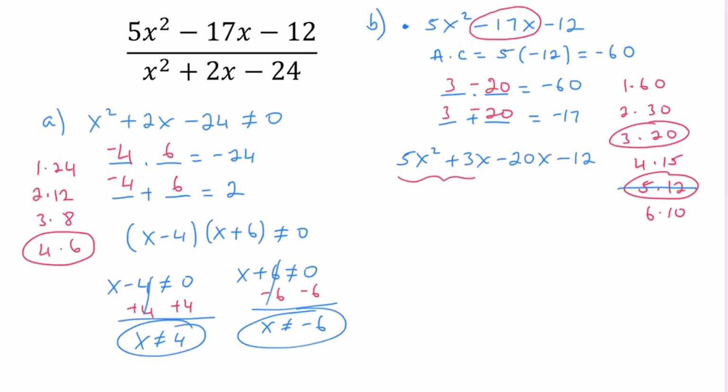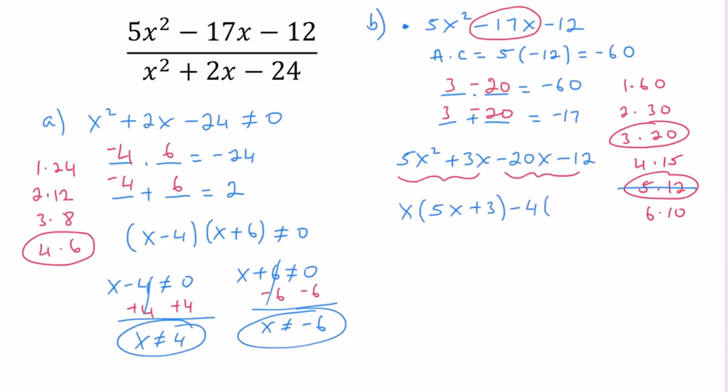Factor by grouping, so group 2 by 2. The first group, pull out the GCF, which is x. The remaining is 5x plus 3. For the second group, the GCF is a minus 4.